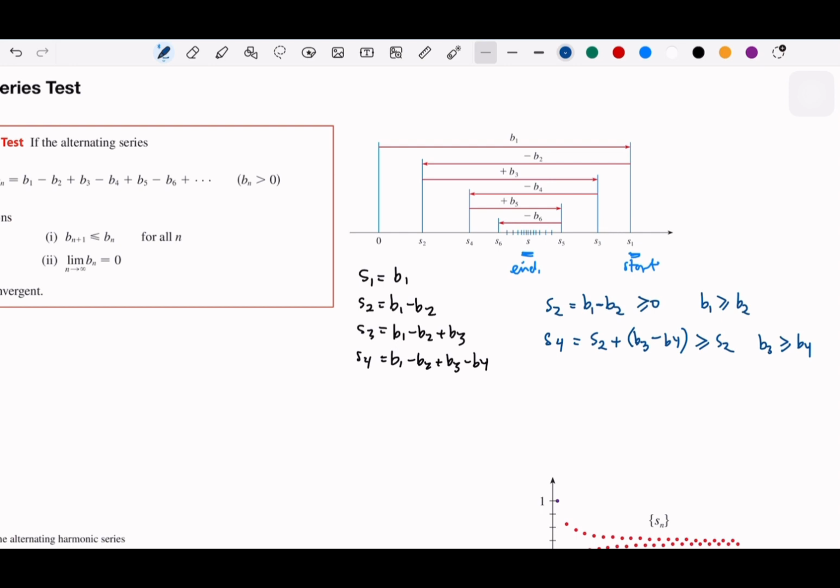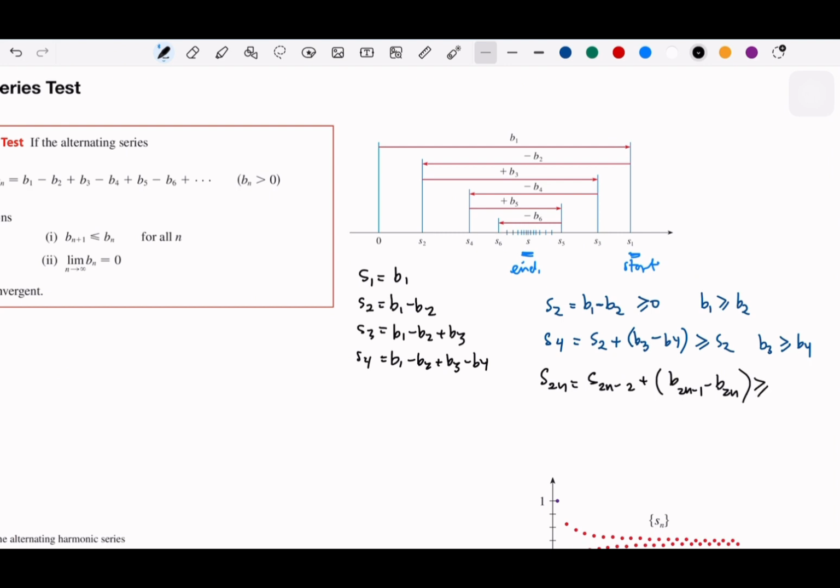If we look at only the even numbers, S2n will be S2n minus 2 plus b2n minus 1 minus b2n. You can try S6, S8, and S10, and you will see that this is true.